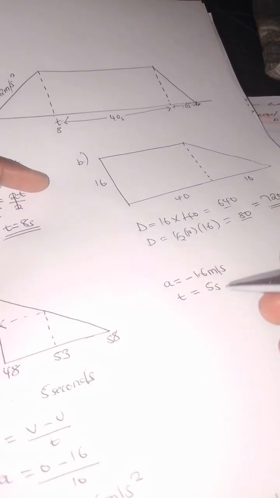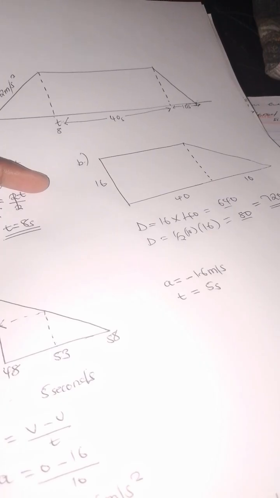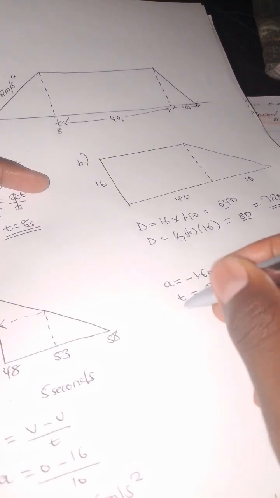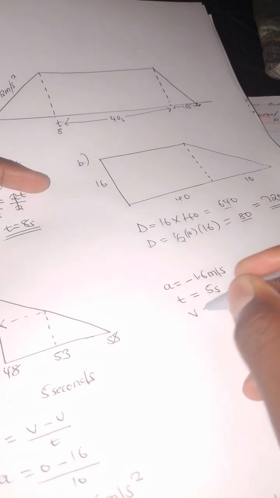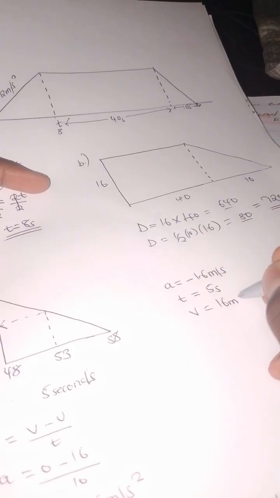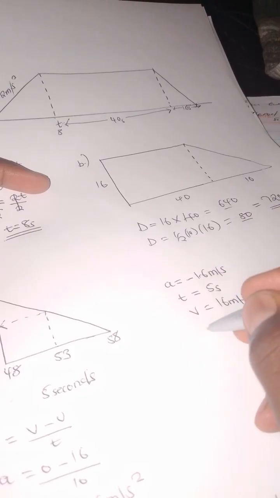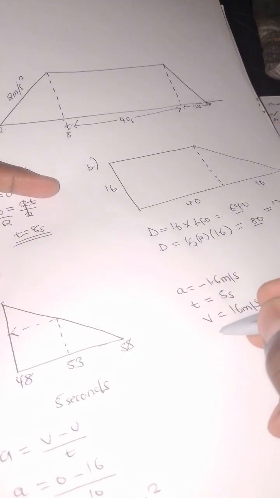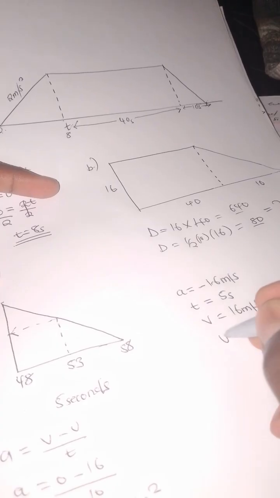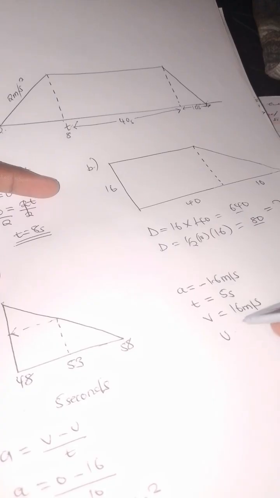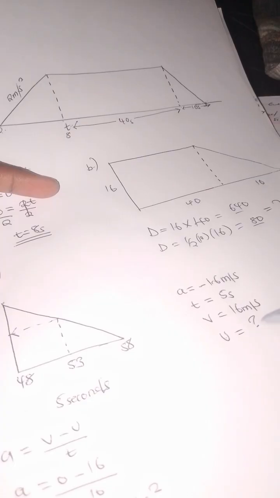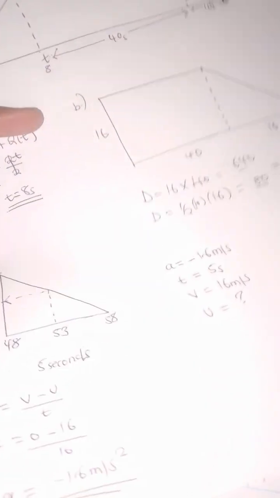What else? The initial velocity is equal to 16 meters per second. Then we're going to find the final. We're talking about opposite things. This one here is our final, so this is what we are looking for. Here we have 16, the initial.